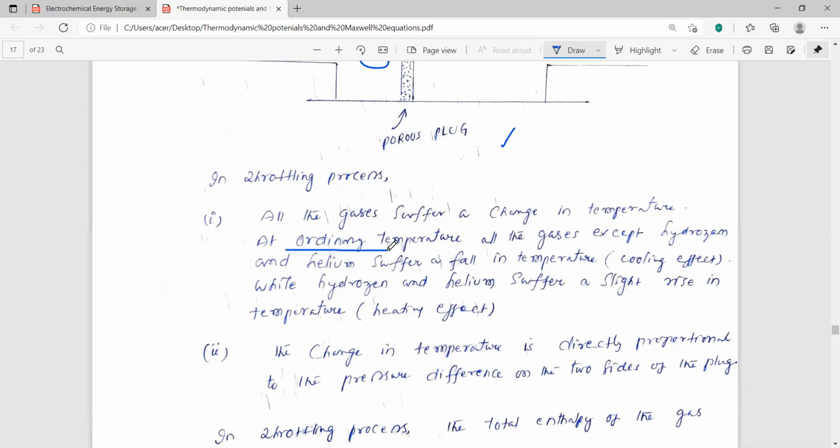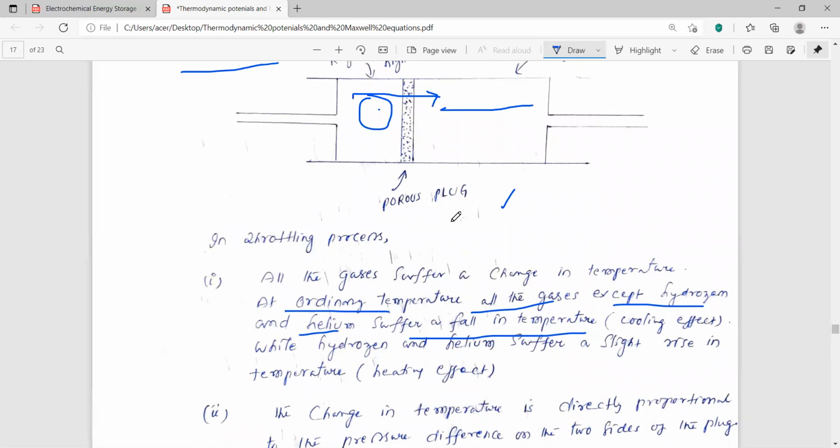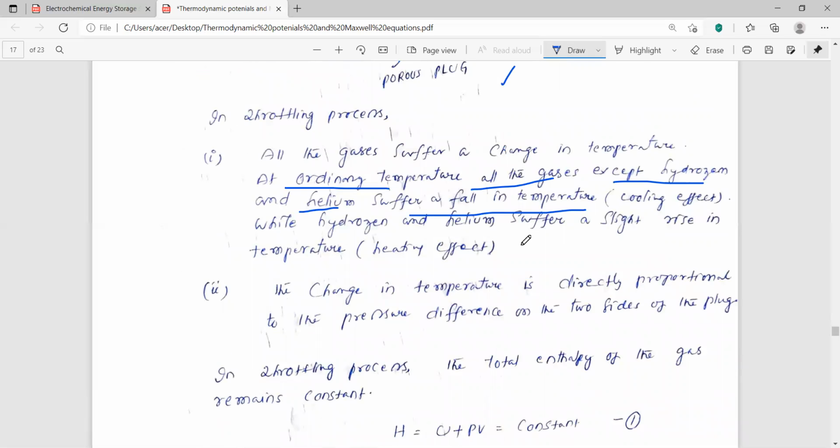At ordinary temperature, all the gases except hydrogen and helium suffer a fall in their temperature. So during this throttling process, the temperature of all gases decreases, whereas at ordinary temperature, the temperature of helium and neon gases will increase instead of decrease, slightly rising.